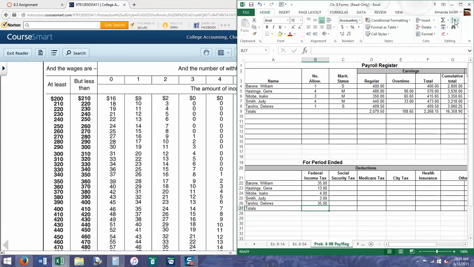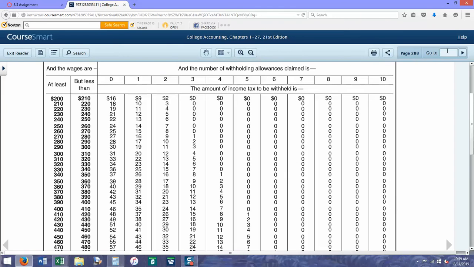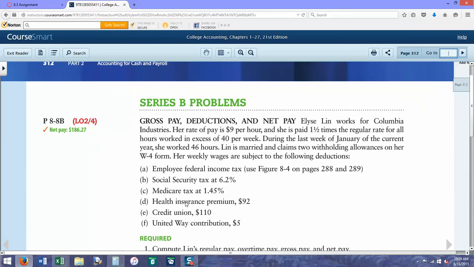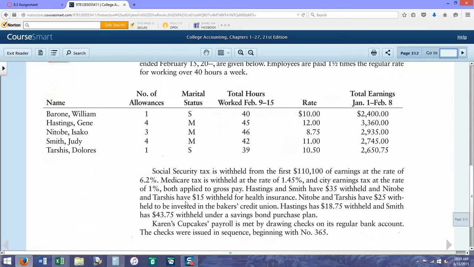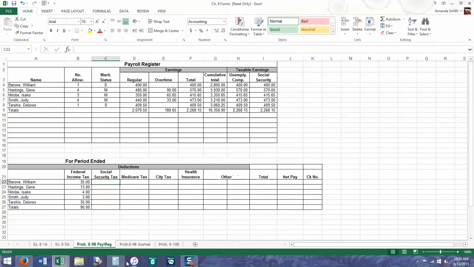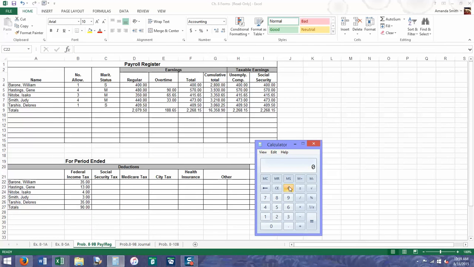So then we're going to total the columns. And the rest is just calculations. So I'm going to go back to the problem in the textbook. We are told that Social Security rate is 6.2%. So let's focus on that one as that's the next column. So we're going to take our total pay, so $400 times 6.2% gives us $24.80.